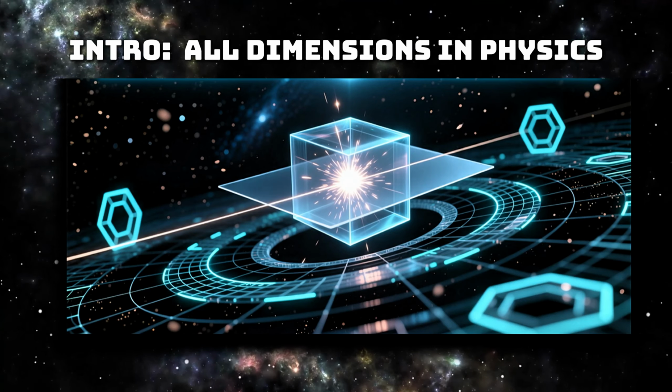Finally, imagine the space we humans live in. Unlike the ant, we can walk not just forward-backward and left-right, but also up and down. This third independent direction introduces three-dimensional space, or 3D.